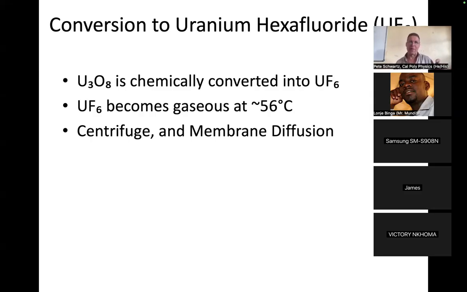I'm just going to talk about two of them: using a centrifuge and membrane diffusion. We have to use the difference in their masses. How different are they? Are they very different in mass? Only by a little bit, about 1% difference.